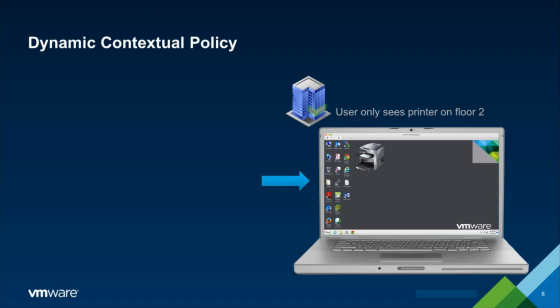So this is a really important paradigm shift, because we're talking about not only users having access everywhere in a ubiquitous way, but now they're having access everywhere with ubiquity and context.